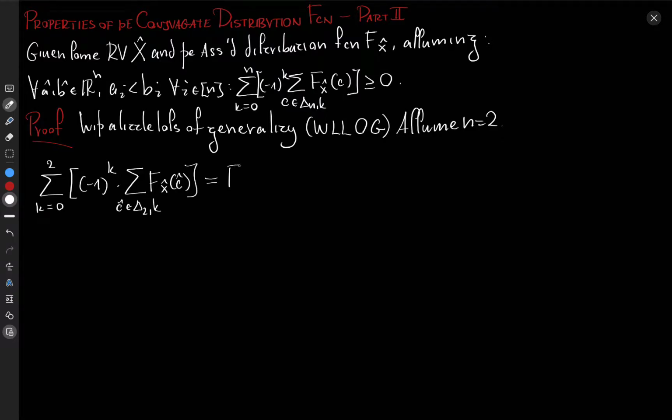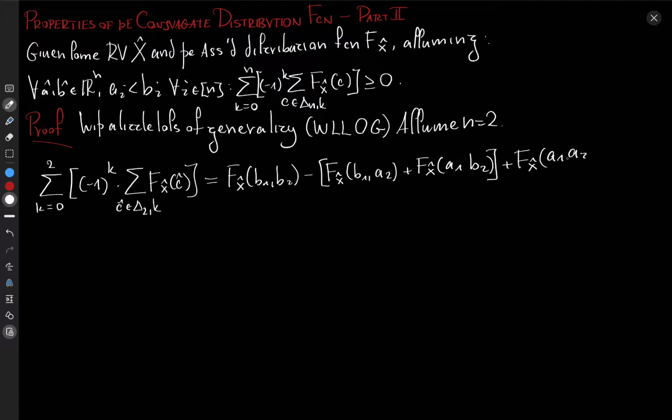So we come to the conclusion that this is equal to Fx of (b1, b2), so this is a vector, right, minus the distribution function of the associated random variable x of the vector (b1, a2), plus the distribution function of x of the vector (a1, b2), closing bracket, plus the distribution function of x of the vector (a1, a2).